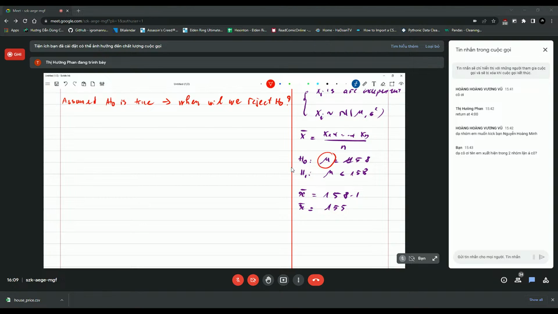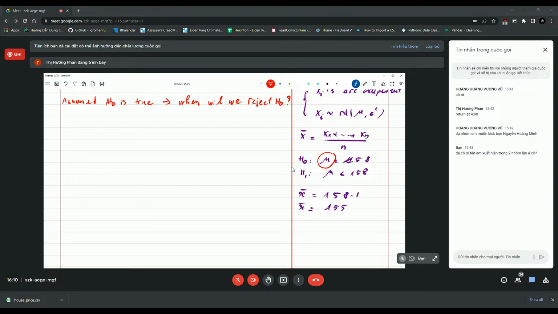How can we know it's close? How much is close? And how could we know that 155 is far from 158? How much is far? We need to know how much is close or how much is far between H bar and the constant, such that we are able to reject H0 or not reject H0.